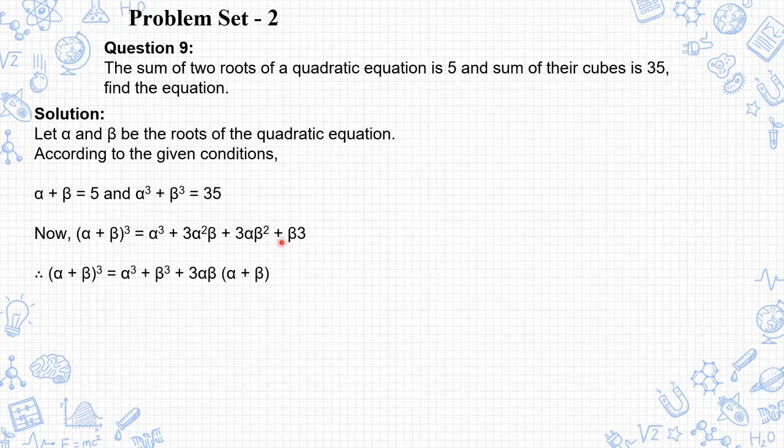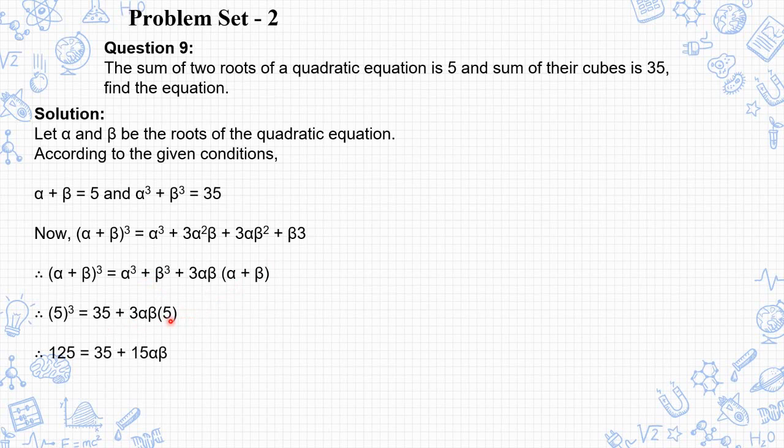If you take 3 alpha beta common, I'll get alpha cube plus beta cube plus 3 alpha beta into (alpha plus beta) inside the bracket. Now substitute the values. Alpha plus beta is 5, so 5 cube. Alpha cube plus beta cube is 35 plus 3 alpha into beta, and alpha plus beta is 5.